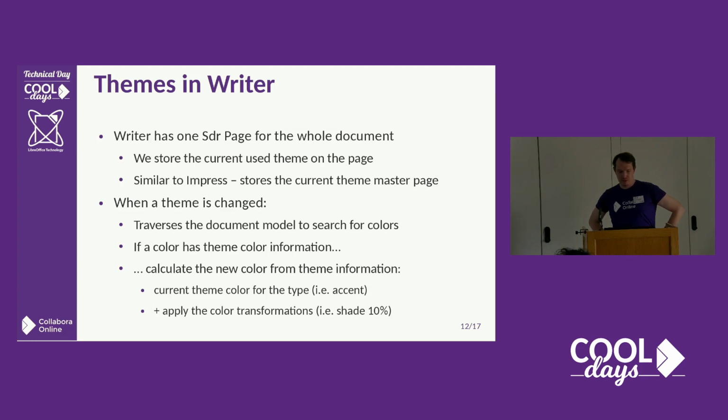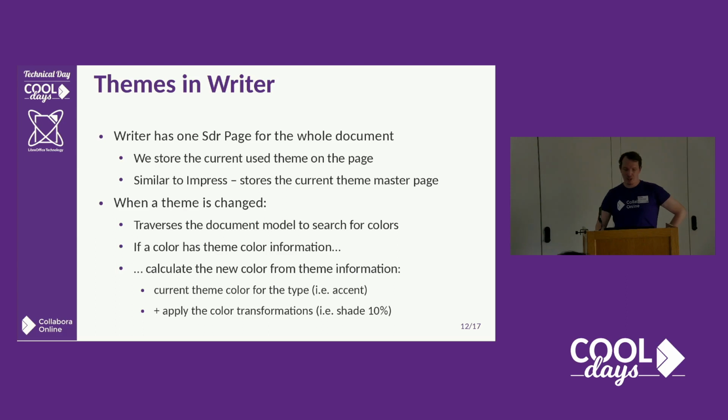So in Writer, what is needed? In Writer we have one SdrPage for the whole document, and we store the theme inside this SdrPage. Of course, the Writer model has its own pages, but we only have one page that is used for shapes, and we store the theme there.